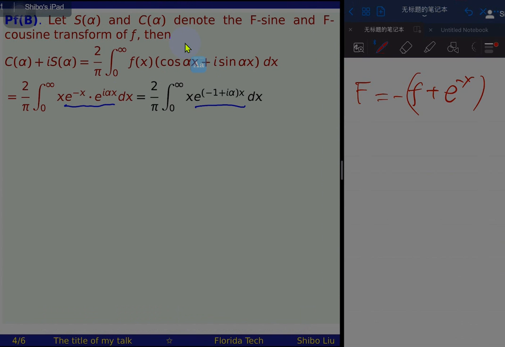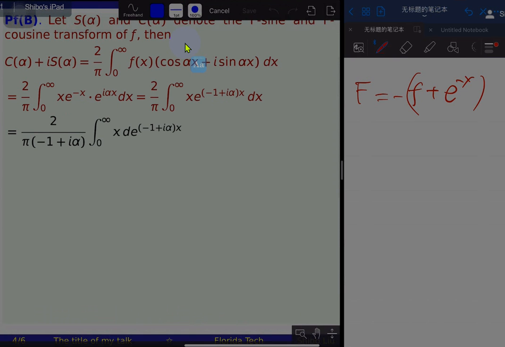Then this is the integral of x times the exponential. Of course, we can apply integration by parts. To do so, we need to move the exponential into the differential to get d of e to the minus (1 plus i alpha) x. Of course, you need to divide to get this equality.